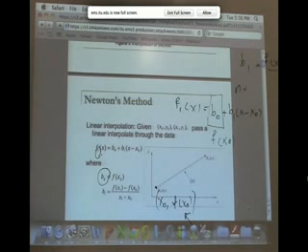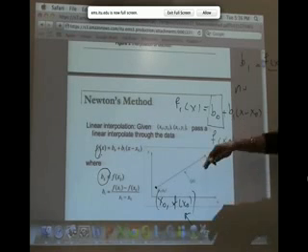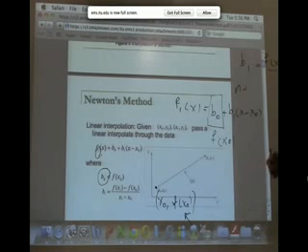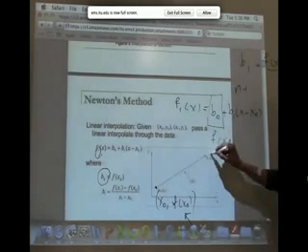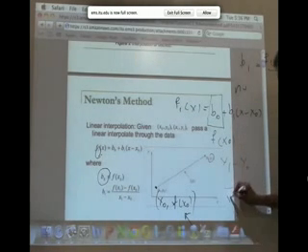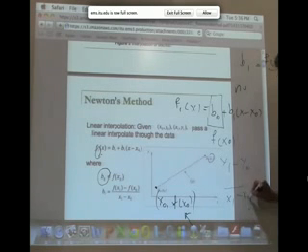It's basically the first derivative of your function. The first derivative is the slope of the line that attaches these 2 points to each other. Do you agree, everybody? It's the difference between the f of x's, y1 minus y0, divided by x1 minus x0. Everybody agree? This is the slope of the line that attaches 2 points to each other, right?